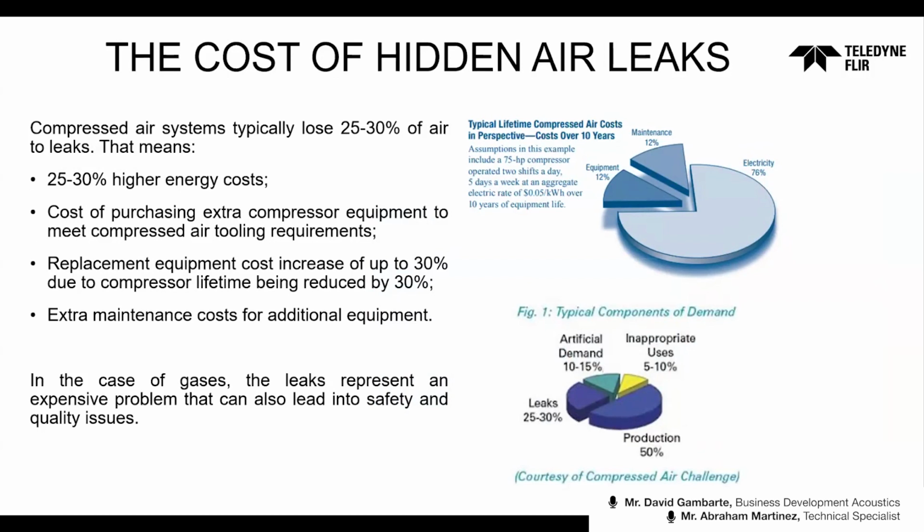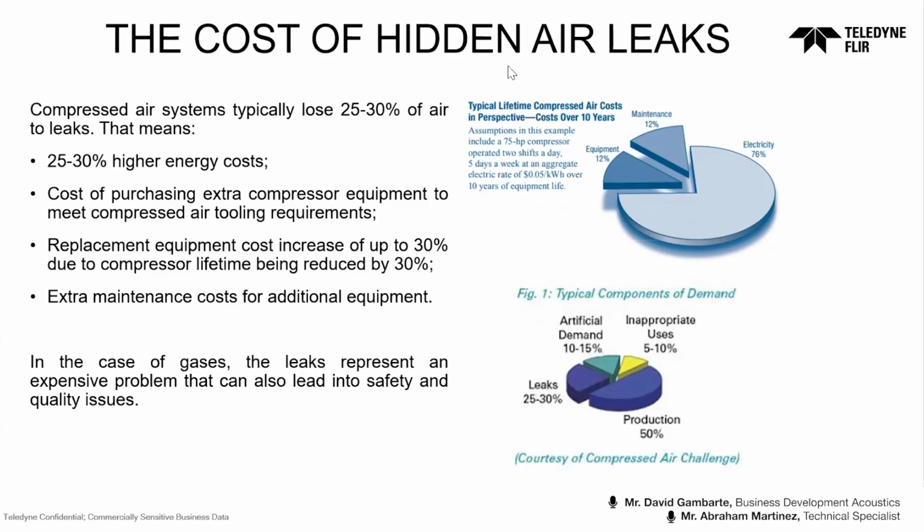It's estimated that between 25 and 30% of the leaks of compressors are actually hidden, so they are not known, and they represent a big energy cost, especially in those industries where they are using a massive amount of compressors. So we are talking about the direct cost of it, the replacement of equipment because of the overperformance of the equipment required, and naturally extra maintenance cost.